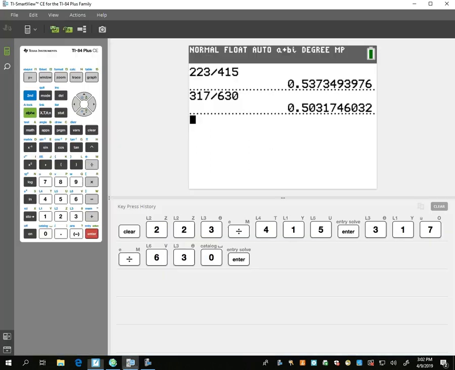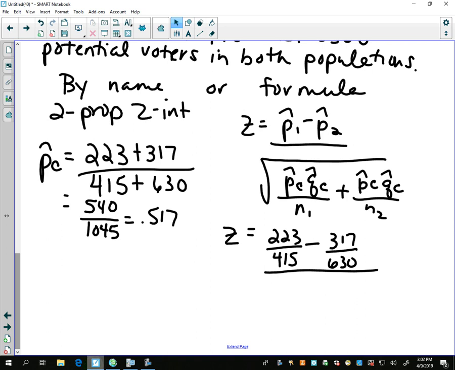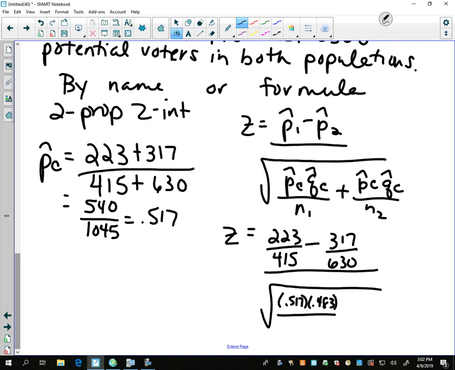Is that exact or did I round that? 540 divided by 1045. Yeah, I rounded that to 3 decimal places. Okay, so then you would do 0.517 times 0.483 over 415.